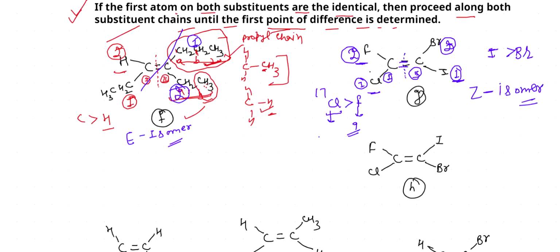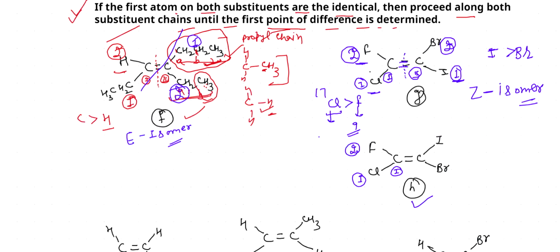So moving to example H, in these molecules, there is a different arrangement of these halogens around these two carbon atoms, or around the double bond. If we look at carbon atom number 1, again, chlorine has higher priority, high ranking, as compared to fluorine. So fluorine is given the second number and chlorine is given the first number.